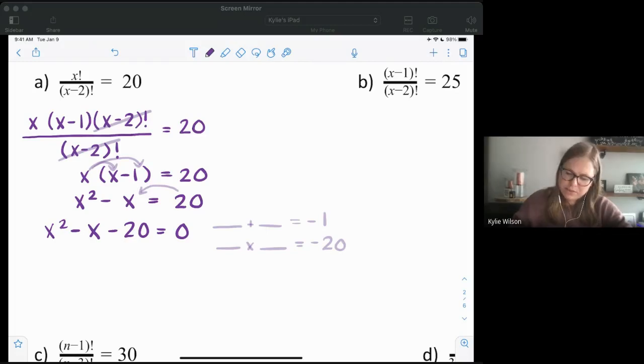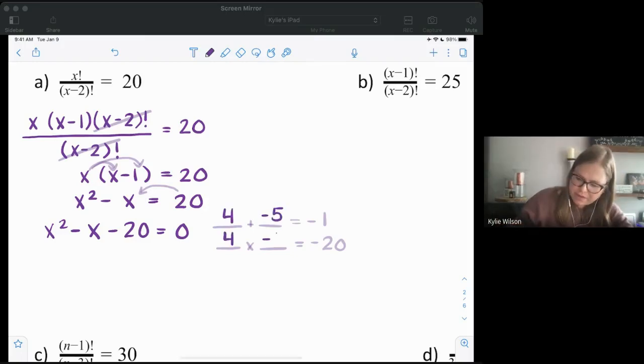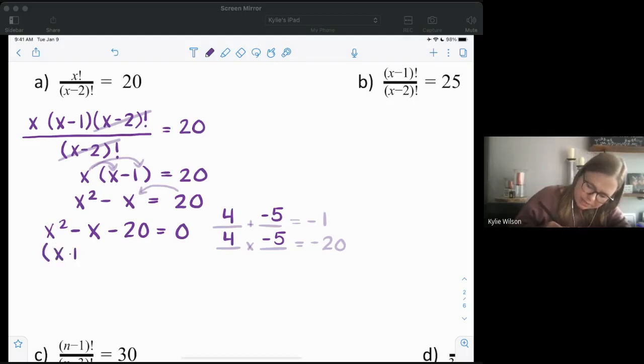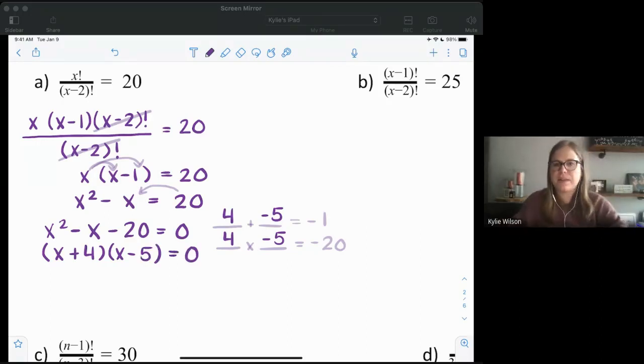So my numbers will be 4 and negative 5. We always just take a moment to verify that those work. And then I can put them in the brackets. X plus 4, x minus 5 equals 0.